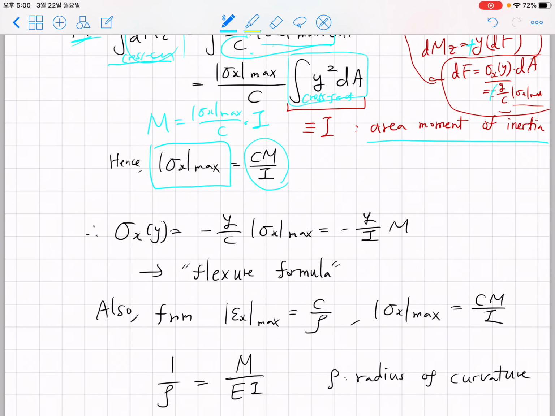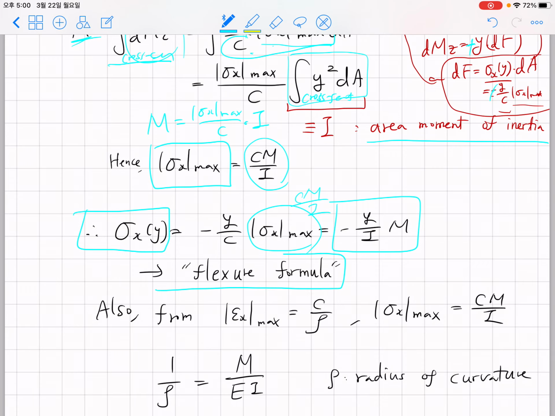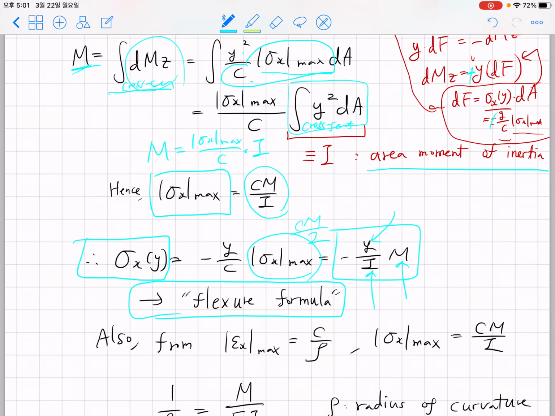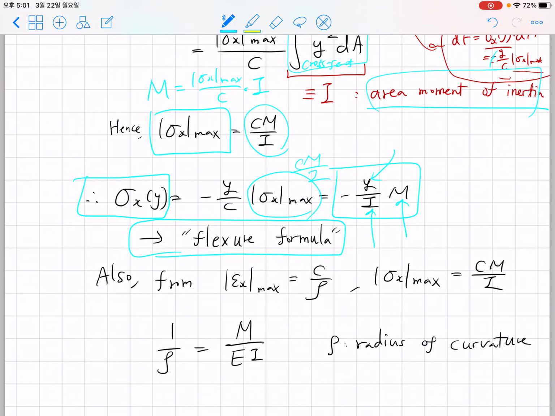If you plug cM over I into the expression for sigma x as a function of y, you end up having sigma x equals minus y divided by I multiplied by M. We call this the flexure formula. The flexure formula tells the relationship between applied moment, position, and the geometrical value, the area moment of inertia, and the stress distribution in terms of y.